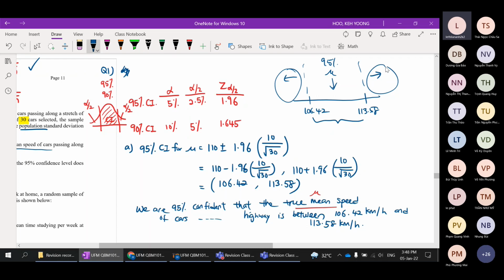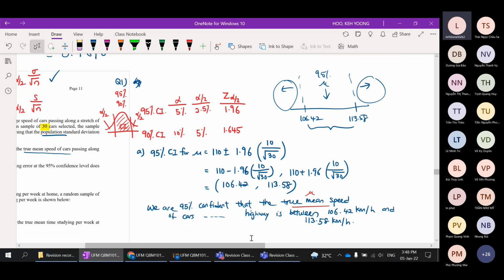That's the meaning of finding this interval. You want to estimate the population mean. Any questions?